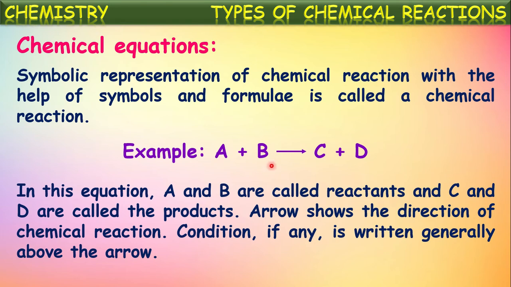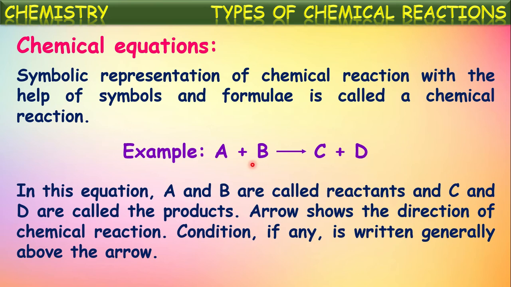And here C and D are formed in this reaction, so these two, C and D, are called products. The chemical substances which are formed in a chemical reaction as new substances are called products.